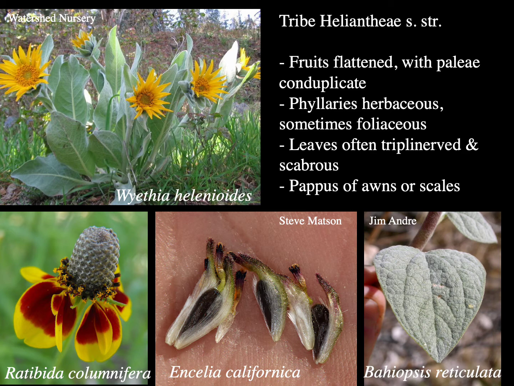And the pappus is generally, if present, of awns or scales that are arrayed in kind of a linear array. Since the fruits are flattened, at least, they appear to be in a linear array, with often the largest elements out at the periphery of the flattened dimension. And so these features taken together are fairly helpful.